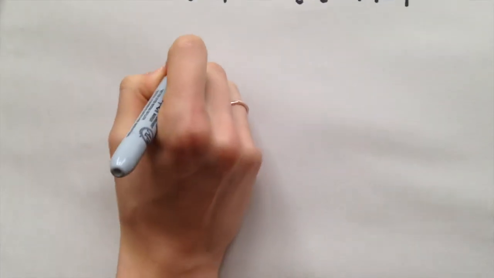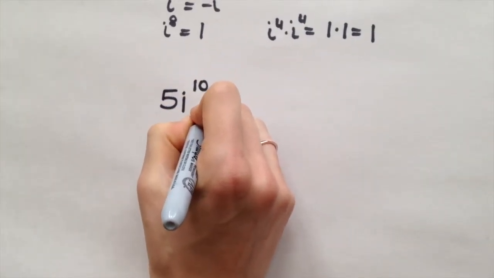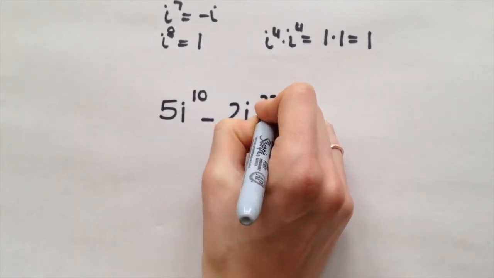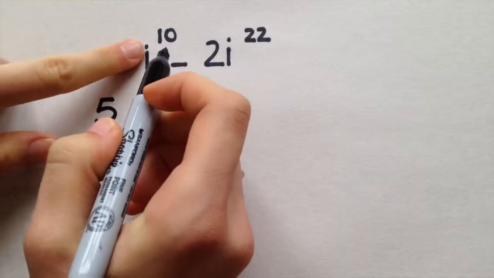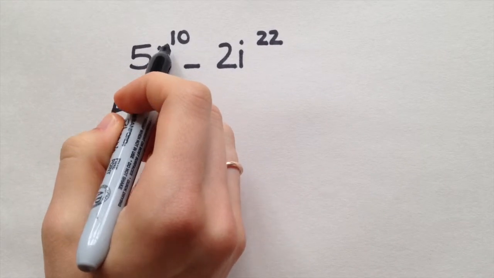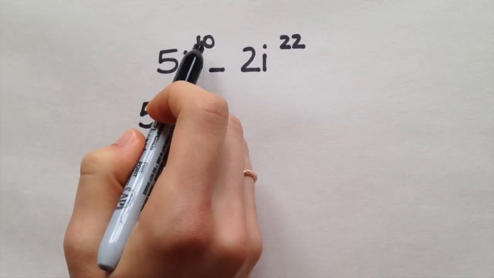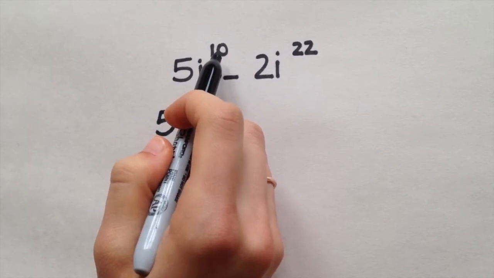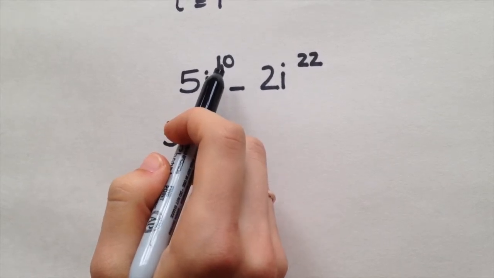Let's try a problem that looks like this. 5i to the power of 10 minus 2i to the power of 22. We would keep the 5, right? And we would focus on i to the power of 10. Now, to solve i to the power of 10, we would figure out how often 4 goes into 10. 4 goes into 10 2 times, leaving us with a remainder of 2, right?